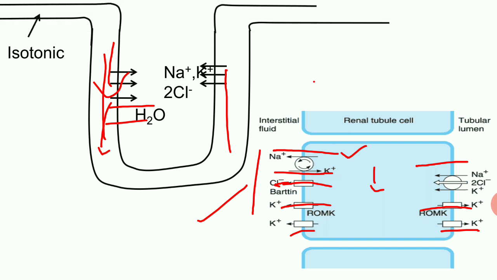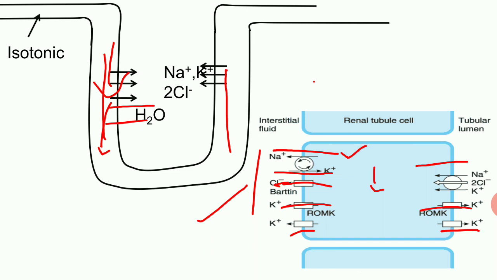Here in the proximal convoluted tubule, isotonic fluid will be coming. After filtration the fluid will be isotonic, and if the same percentage of water and the same percentage of sodium chloride is absorbed, then it will remain isotonic. When that isotonic fluid from the proximal convoluted tubule comes into the thin descending limb of loop of Henle, if water is reabsorbed from that fluid, it will become concentrated.